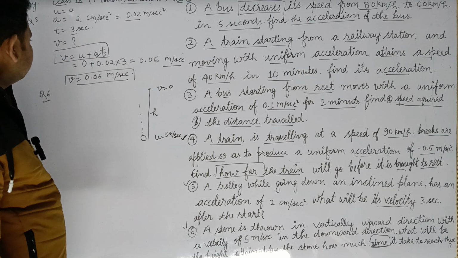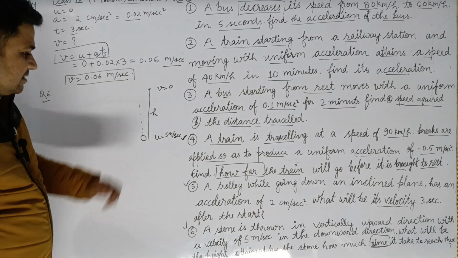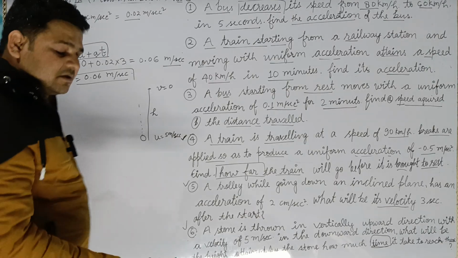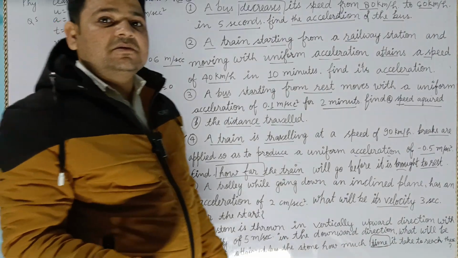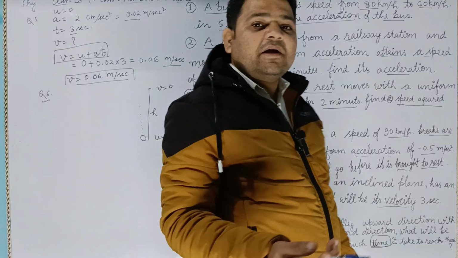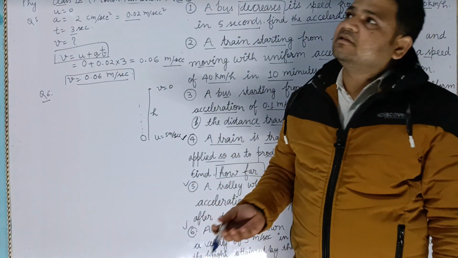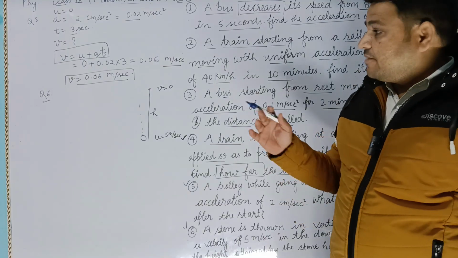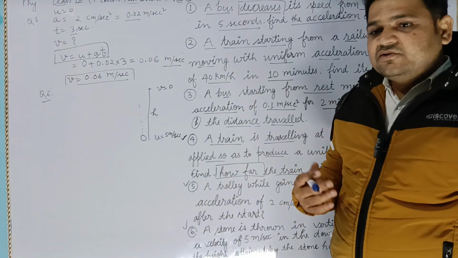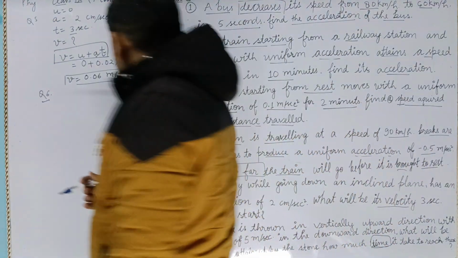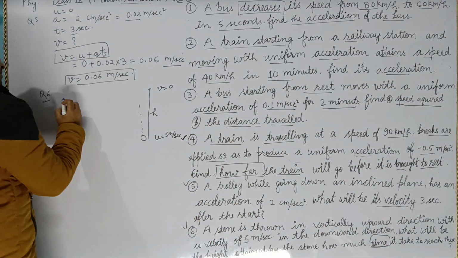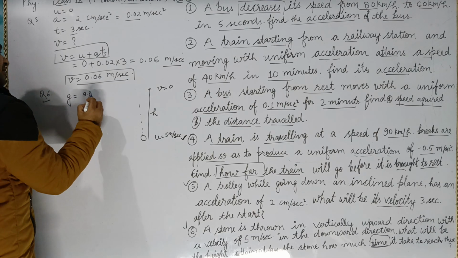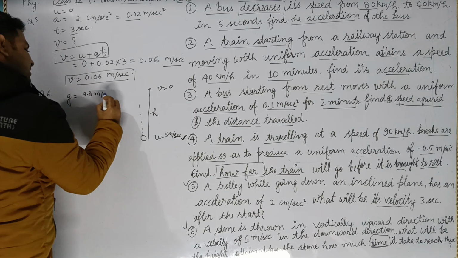Yes, we have acceleration. It is gravitational, because when we throw the stone or any object in the upward direction, it goes under gravitational acceleration. Its value is 9.8 meter per second square. We know that g is equal to 9.8 meter per second square.